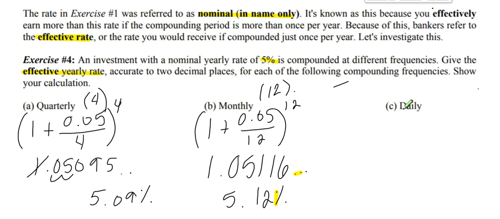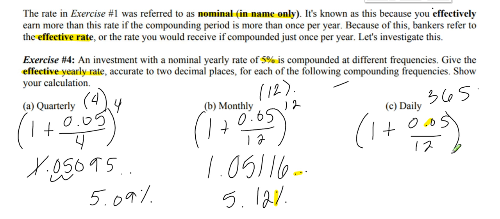It's a 0.03% difference. So now we think, okay, daily is going to be a huge difference, right? Because we're compounding 365 times a year. So again, I have 1 plus 0.05 divided by, oops, not divided by 12, divided by 365, to the 365 power.